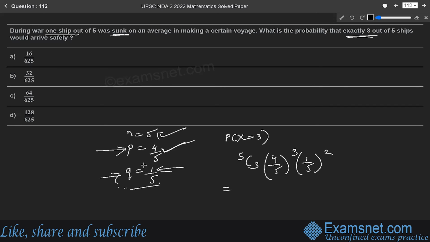On further solving this, it will be 10 into 64 upon 625 into 5. On further cancelling it, it will be 128 upon 625. This is the required probability. Therefore, option number D is correct for this given question.